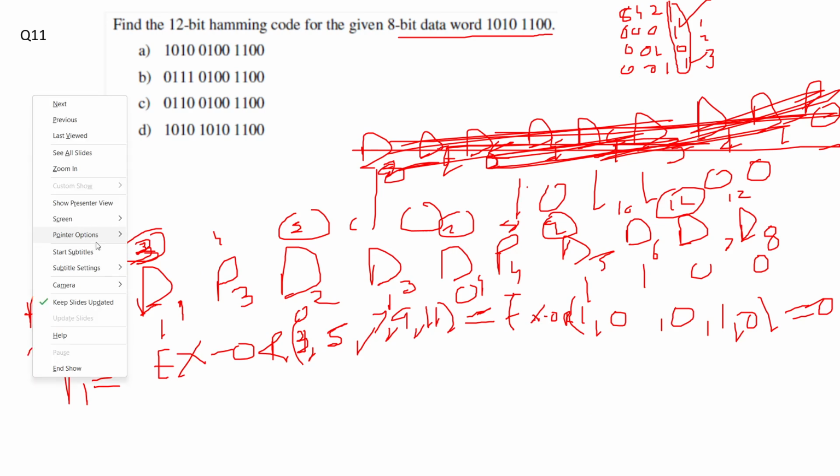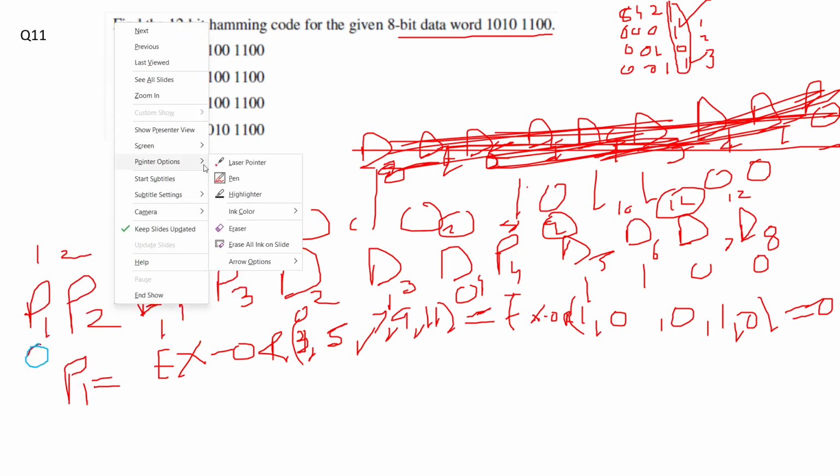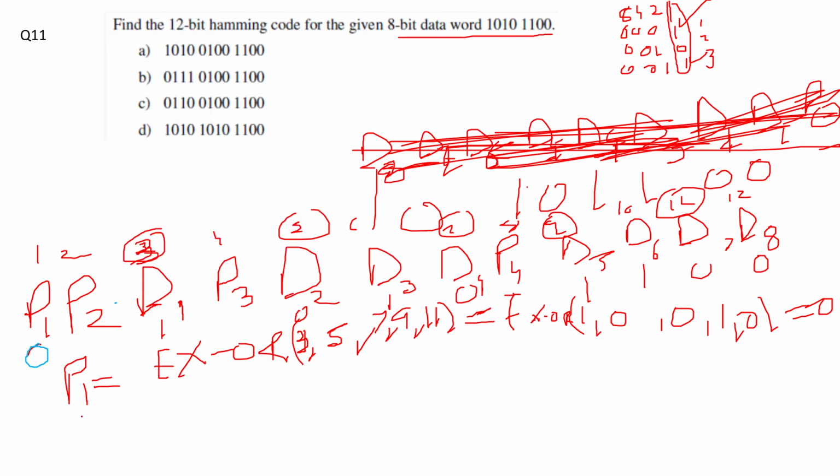I'll just use a new color for it. So it is 0. Then P2 will be equal to the XOR of wherever there is 1 in the second bit. So it is in 3 6 7 10 and 11.